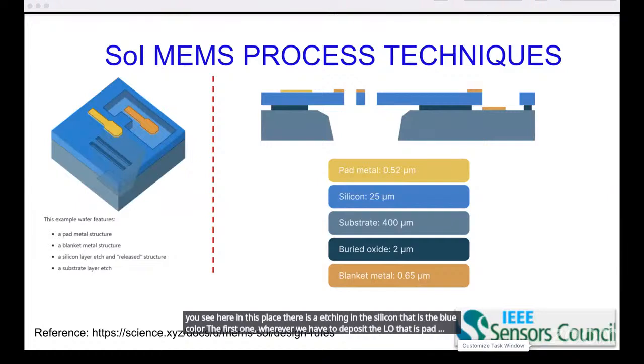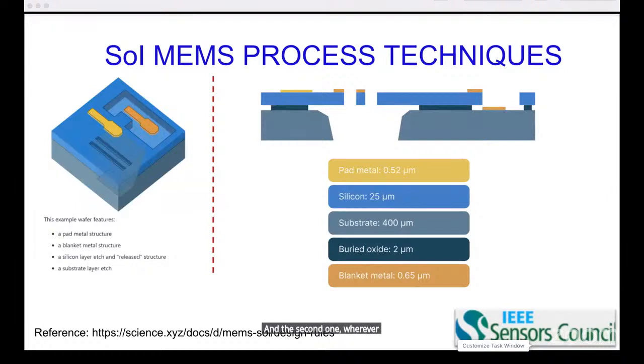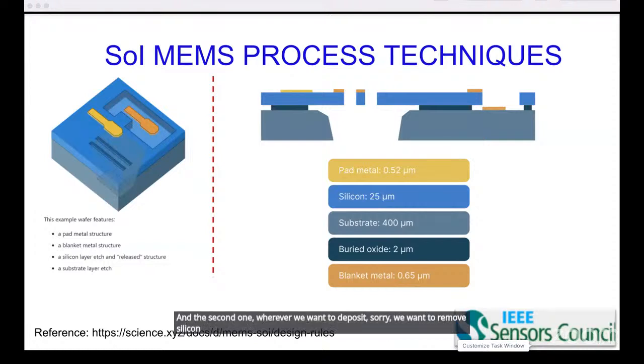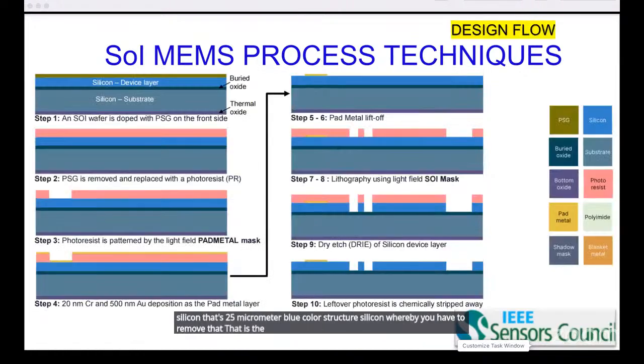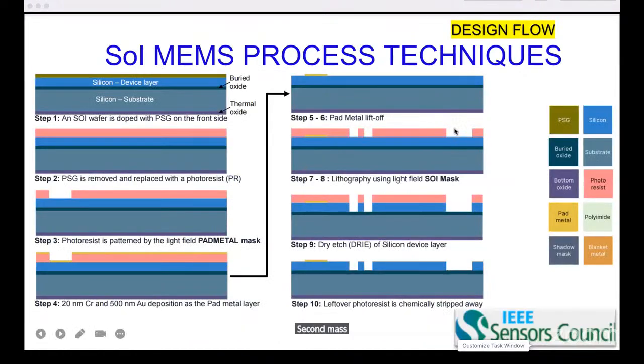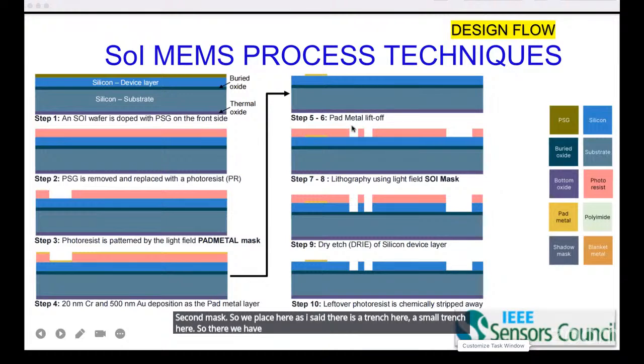And the second one, wherever we want to remove silicon, is the 25 micrometer blue color structure. That is the second mask. As I said, there is a trench here, a small trench here. There we have kept it open, and also there are 2 slices here, kept open.